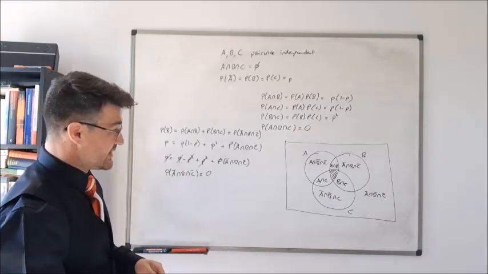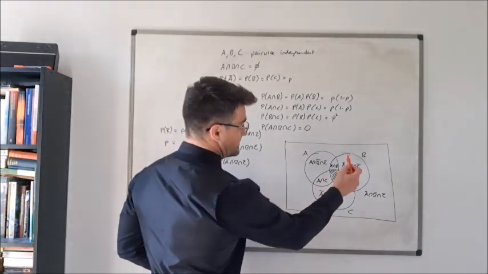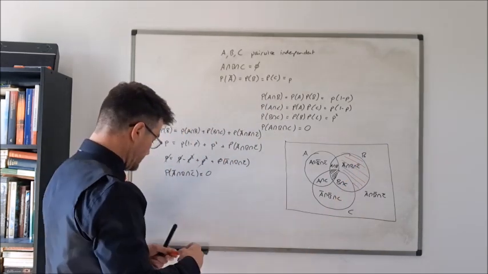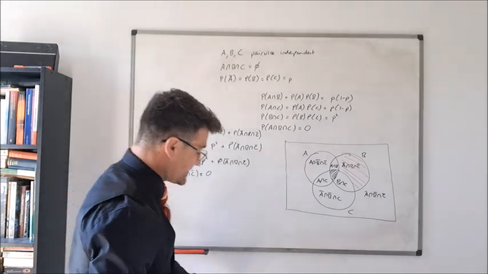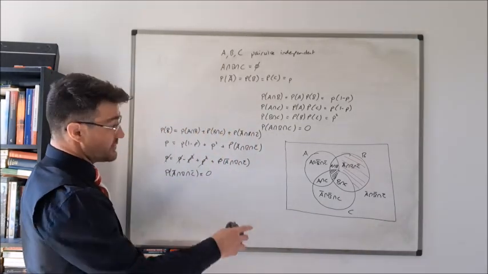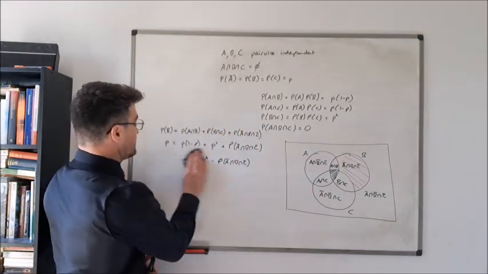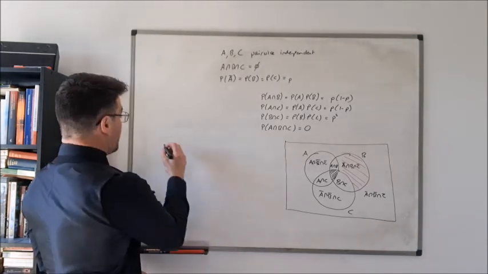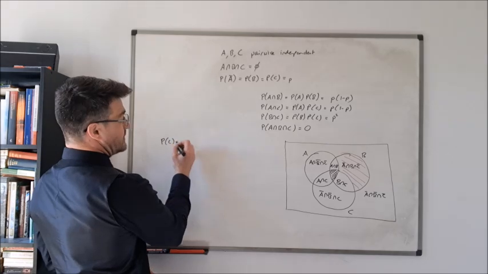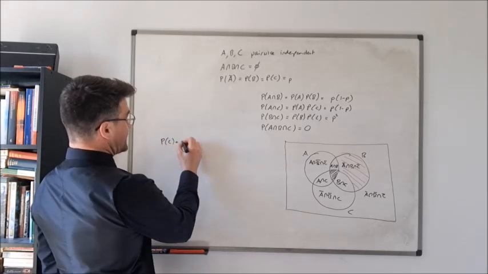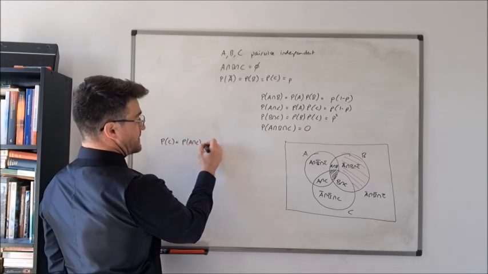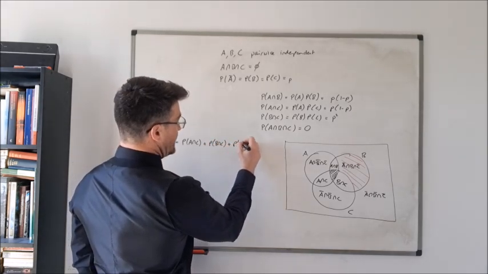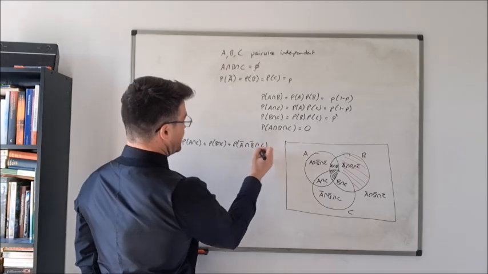So in other words, this bit here is kind of out of the picture. It's equal to 0. And now I can do a similar thing for A and C. The probability of C is equal to the probability of A intersect C plus the probability of B intersect C plus the probability of A bar intersect B bar intersect C. And guess what?